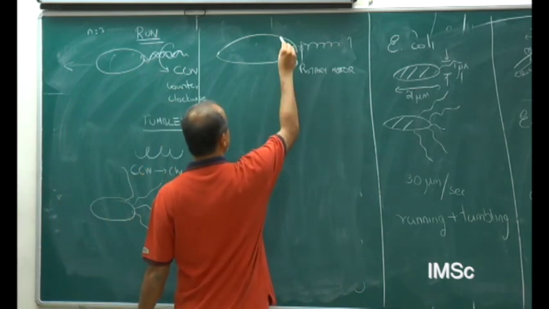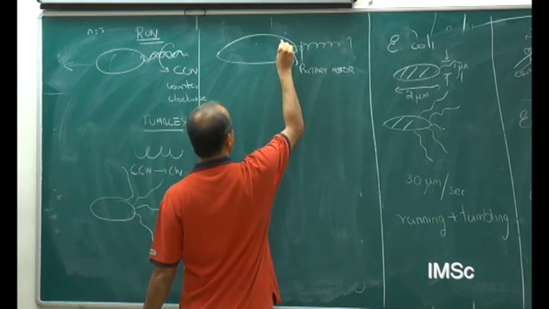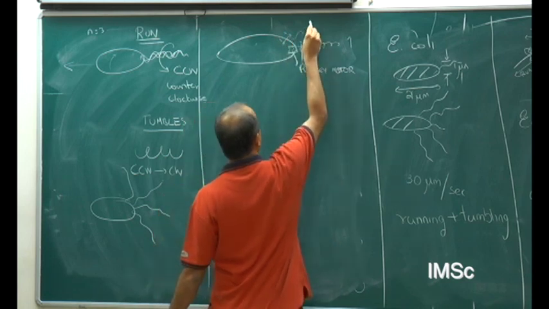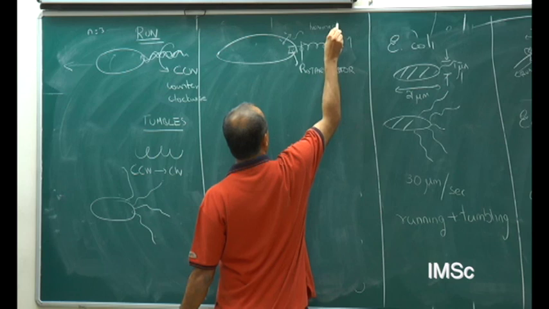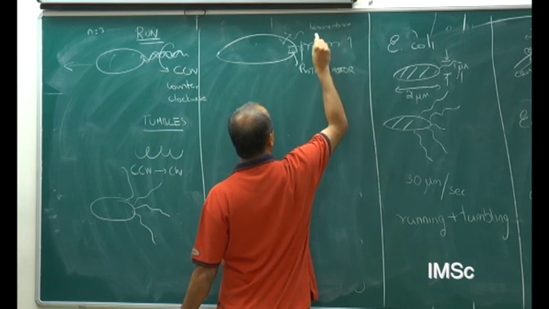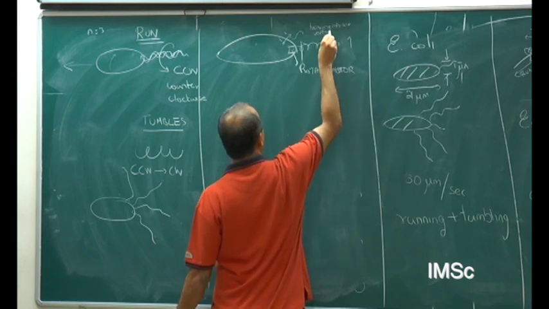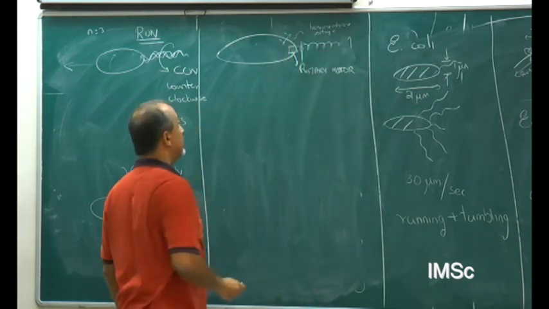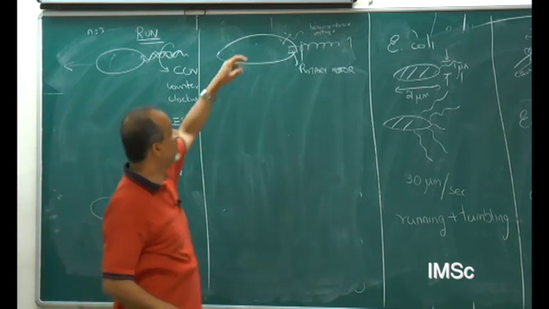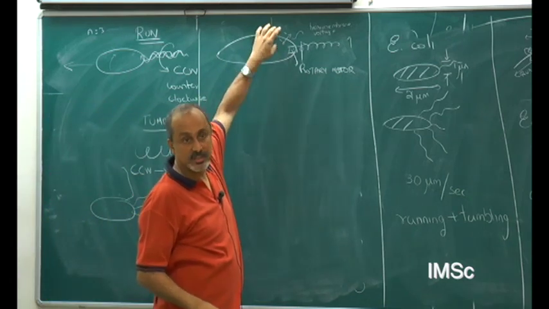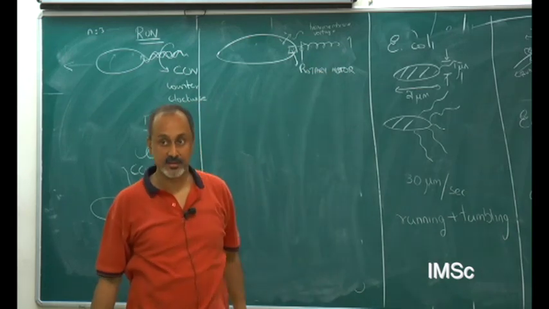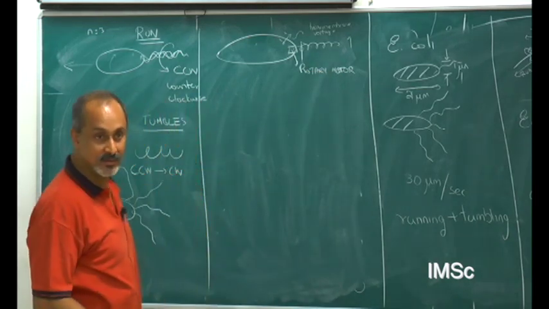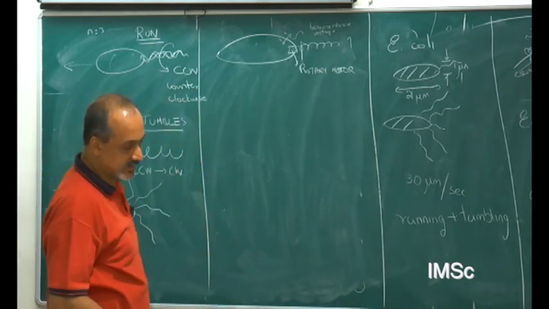And the energy source for this comes from the transmembrane voltage. There is a difference in electrical potential between inside and outside. That is converted into an energy that is used to rotate this. It's all very beautiful and nice, and there are a lot of technicalities involved in exactly how it does this.